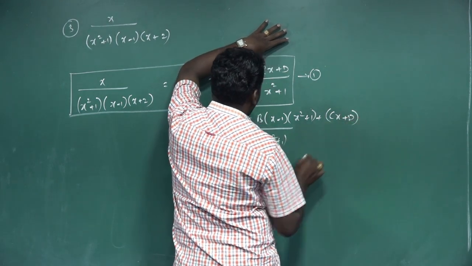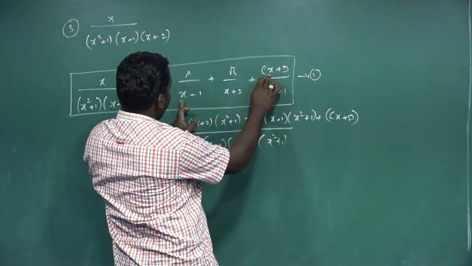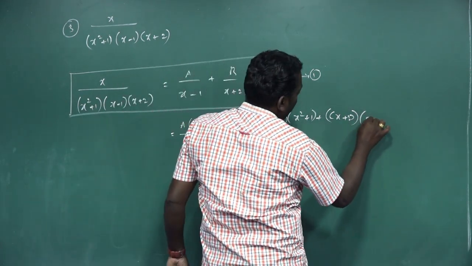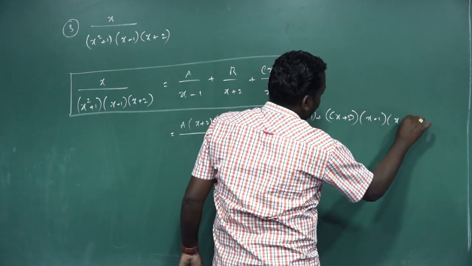We want to multiply with the term x minus 1 into x plus 2.